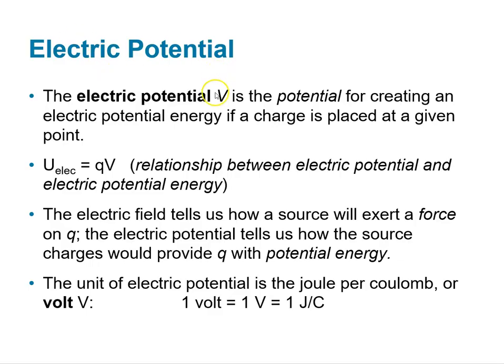So electric potential is abbreviated V. The SI unit of V is the volt. So the electric field tells us how a source will exert a force on Q. The electric potential tells us how the source charges would provide Q with potential energy.